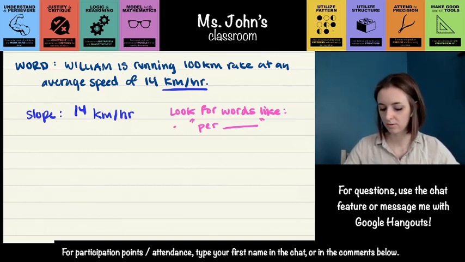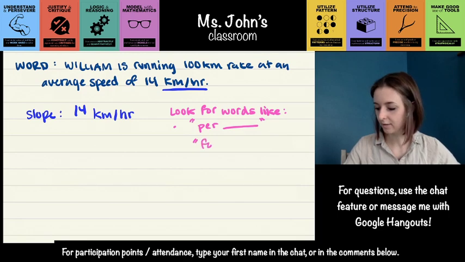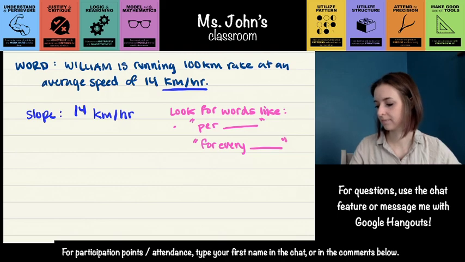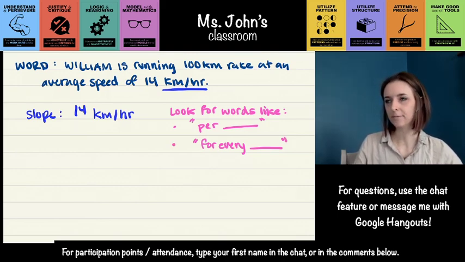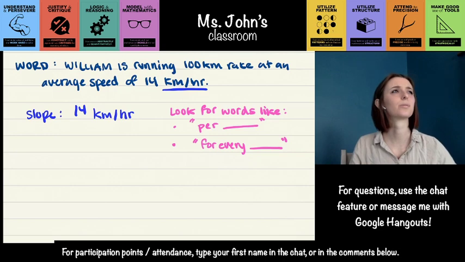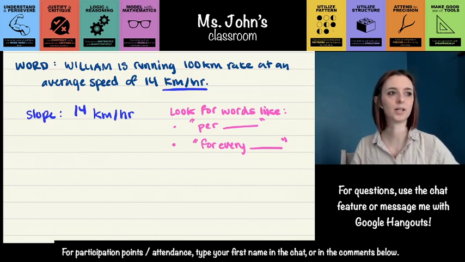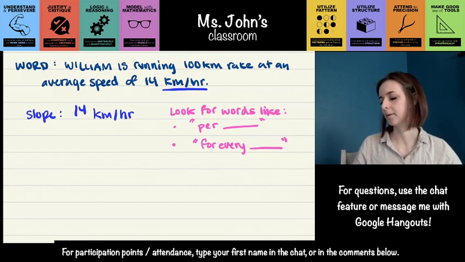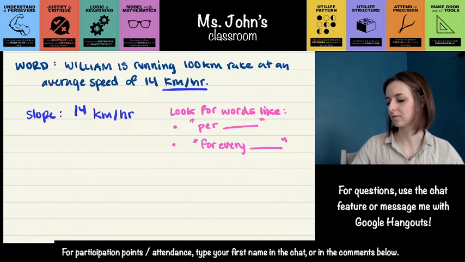They also often say for every blank. For example, Jake makes 5 lollipops for every person in his family. Or maybe person that comes to his store. I don't know.